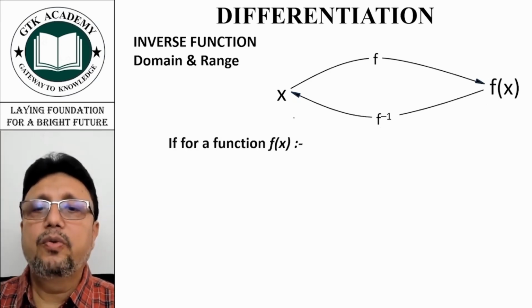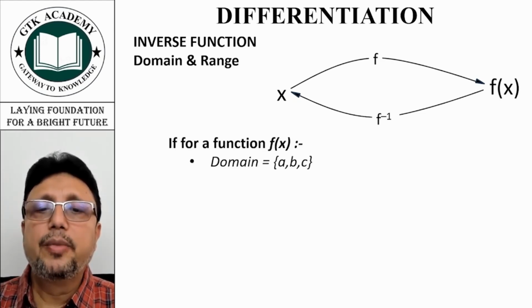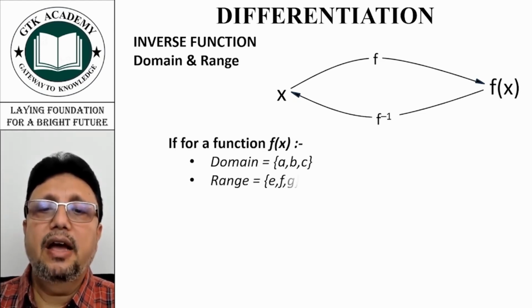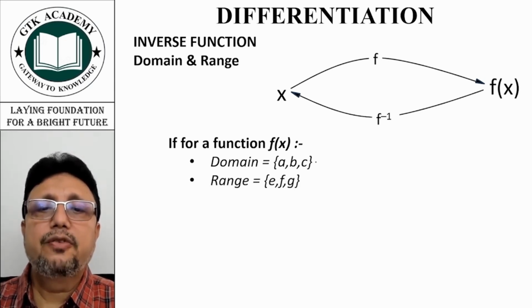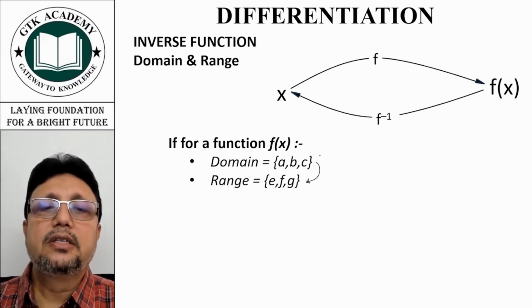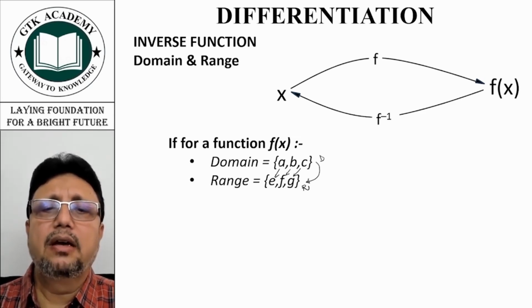Let me explain you with this example. For a function f, if you have domain as a, b, c and range as e, f, g, that means this function f takes this whole set to this. This is the domain and this is the range. For example, it takes a to e, b to f, c to g, or anyway, it can be a to f or a to g, anything like that.